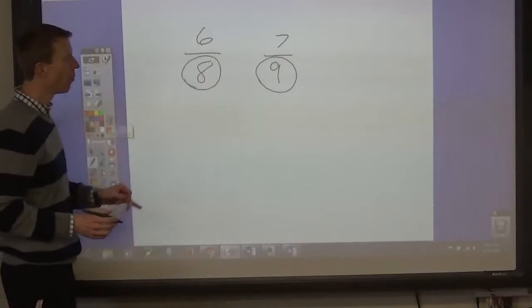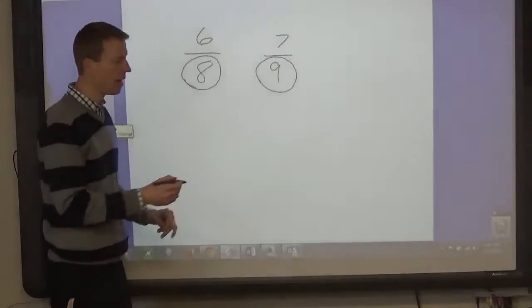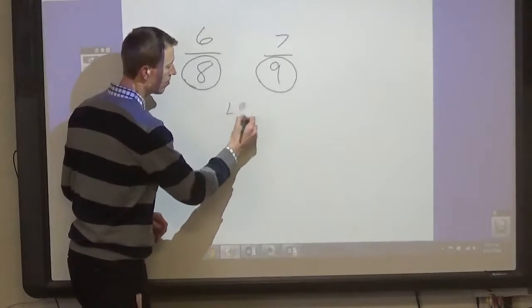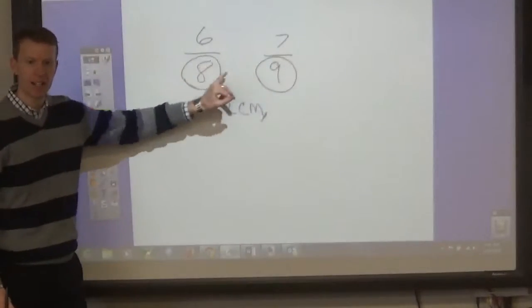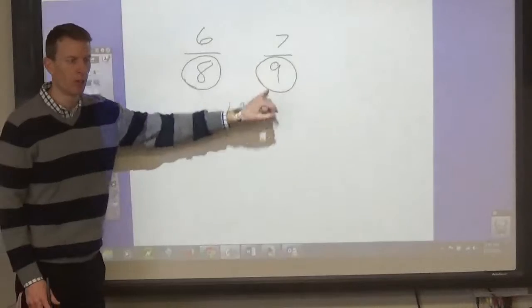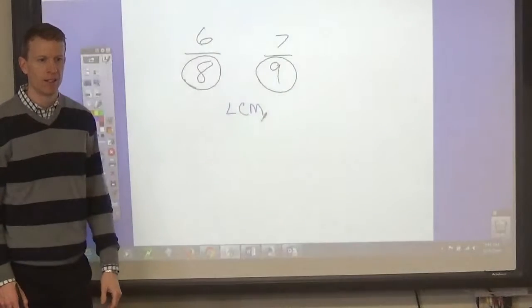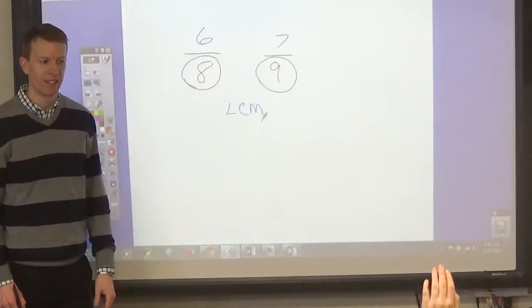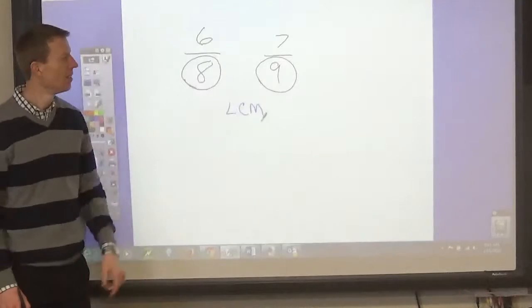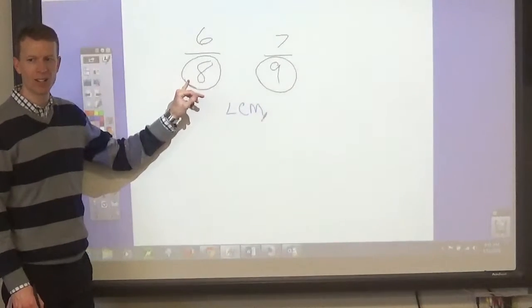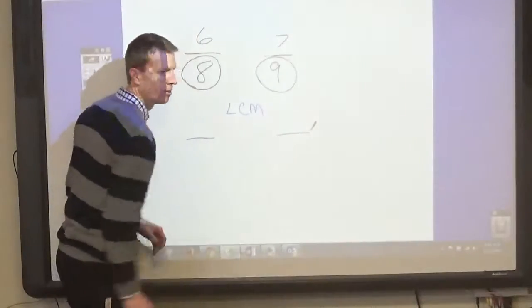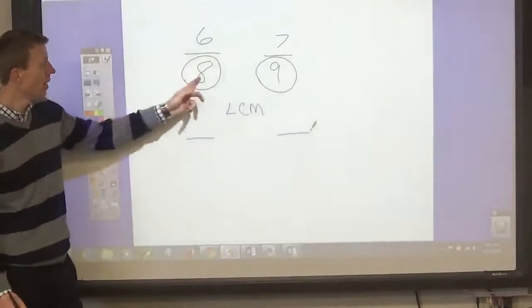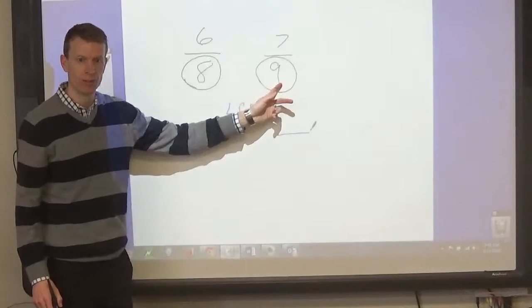So now what we're going to be using is the lowest common multiple. Now, since you know the multiples of 8 and 9, what is the lowest common multiple? No, 8 doesn't go into 36. It has to be a number that both go into. 72. 8 times 9 is 72.